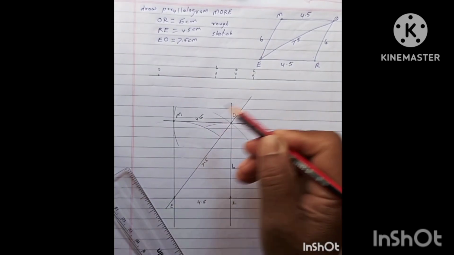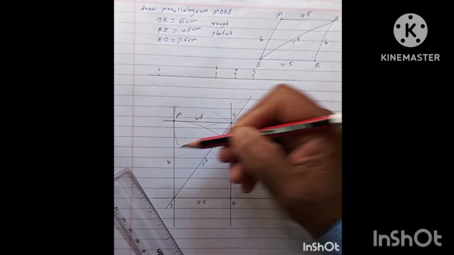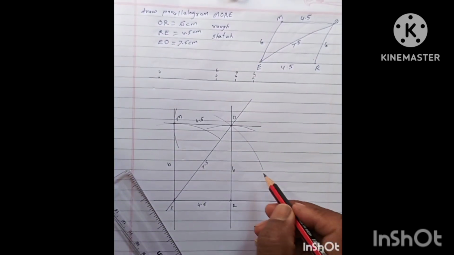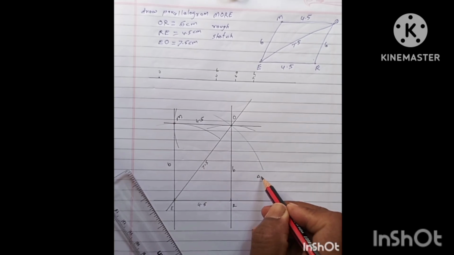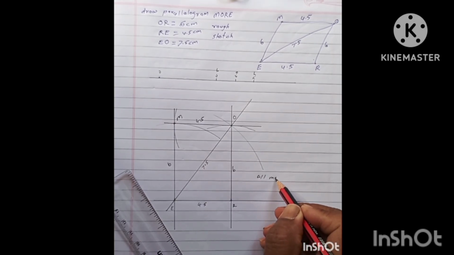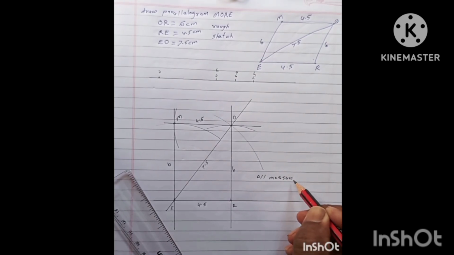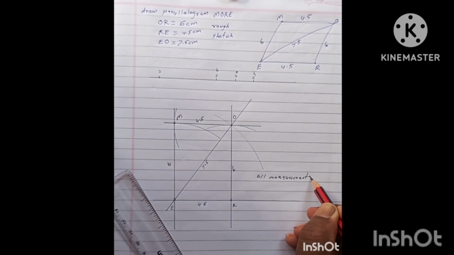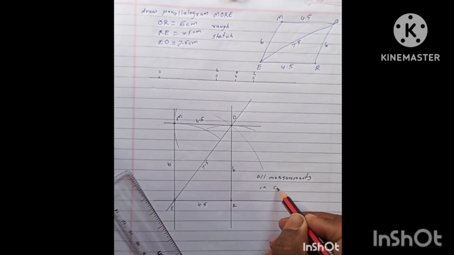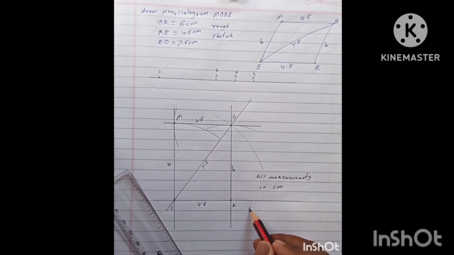This is 4.5 and this is 6. Okay, now we have not specified any unit. Now that comment, all measures are in centimeters, and answer, as this is a parallelogram MORE. Okay, these are very important statements you should give. Okay, that's all.